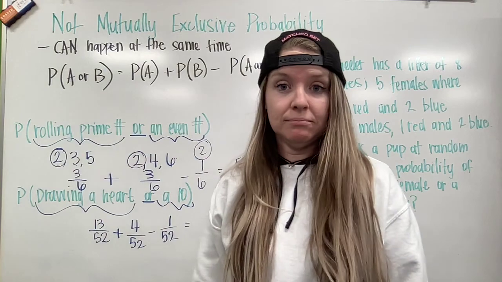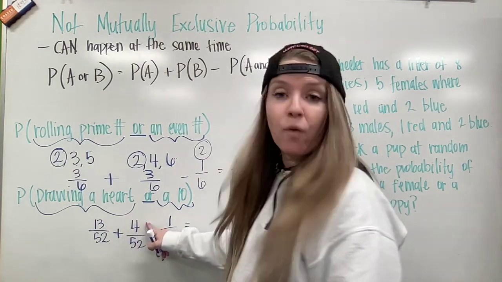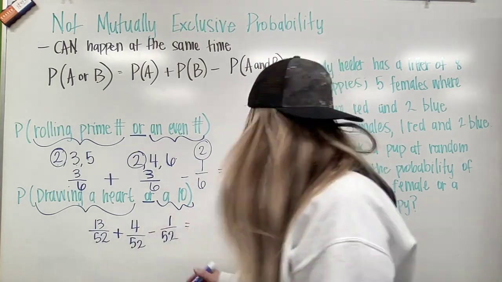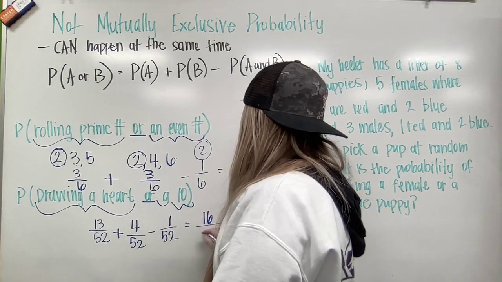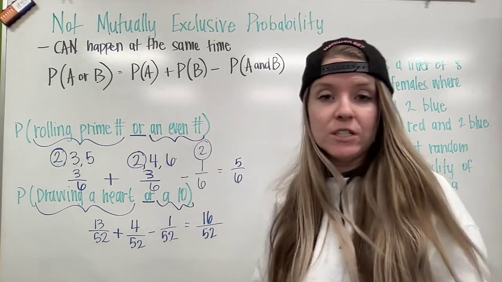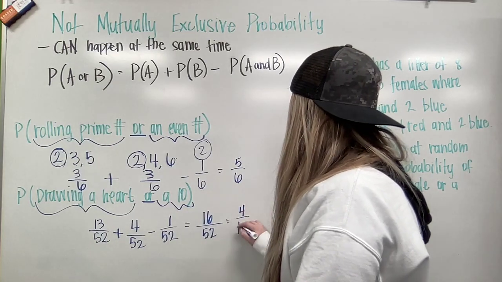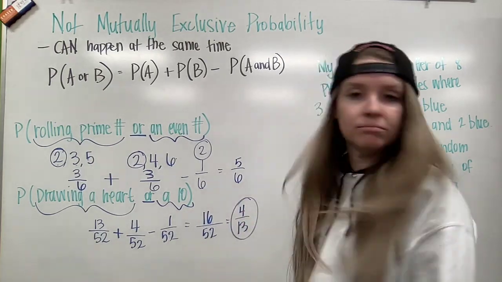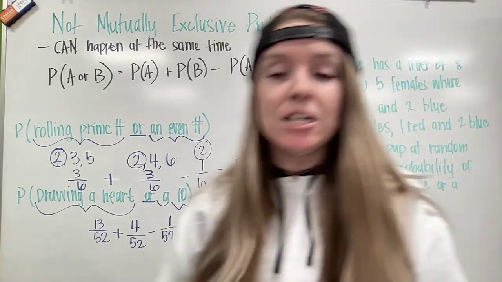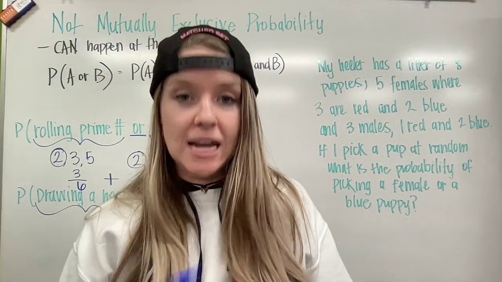That's all I'm doing, okay? So 13 plus 4, that's 17, minus 1. That is 16 out of 52, which is going to reduce to 4 out of 13. Okay? There's overlap, so we just got to be careful. Take care of that overlap.